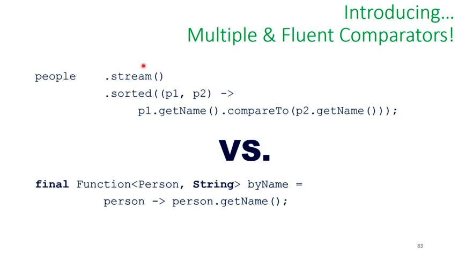So what we have at the top is what we've done so far: dot stream, dot sorted, and then pass my lambda to compare based on name. What this is showing is that we could say, I want a by name. A by name is just the name of my variable. The type of that variable is a functional interface, Function of Person and String. It takes a person and returns a string, and all it does is call the accessor.